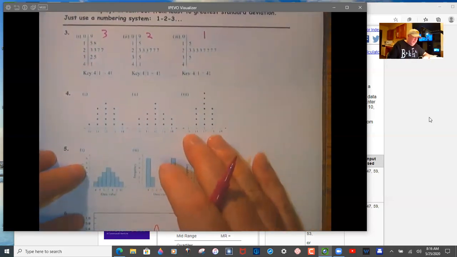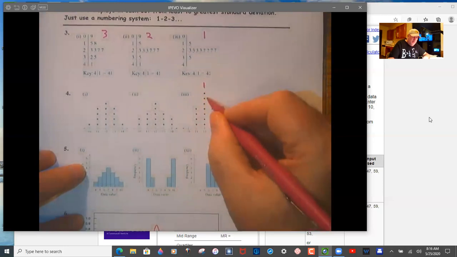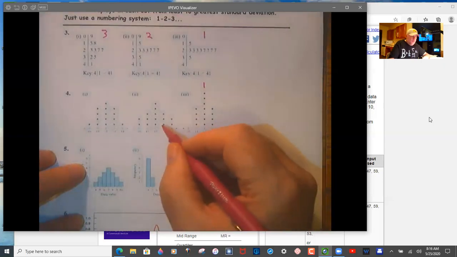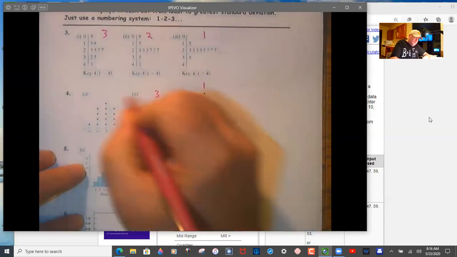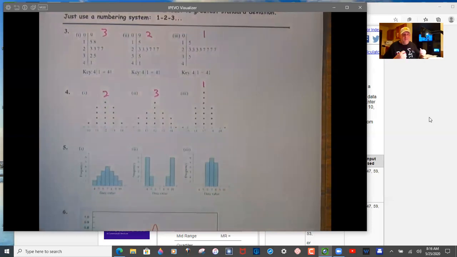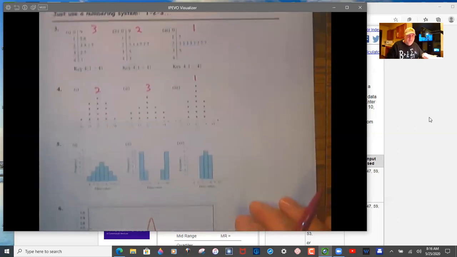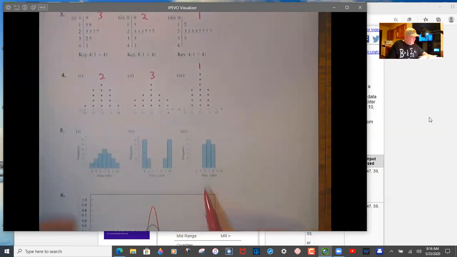Same idea applying here. So you have the tallest middle stem there, so that's the least spread out. And then it seems that this one is more spread out than this one. The points are farther away from that middle stem. Here, same thing.